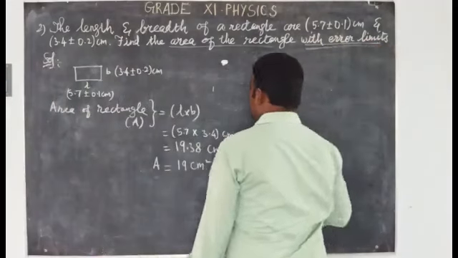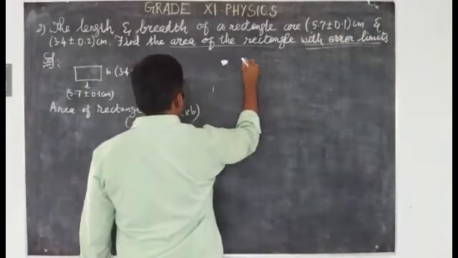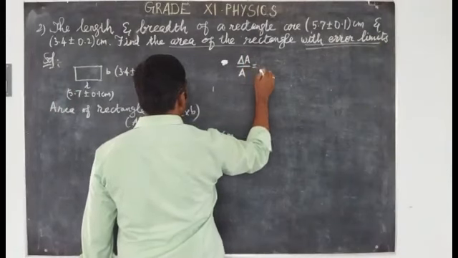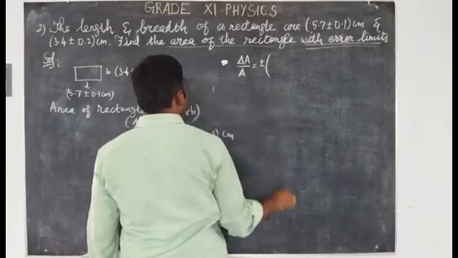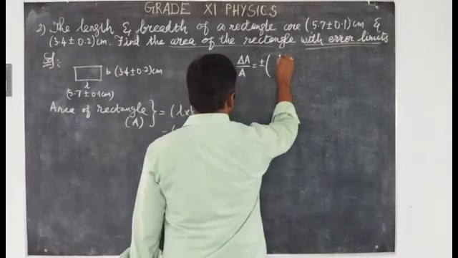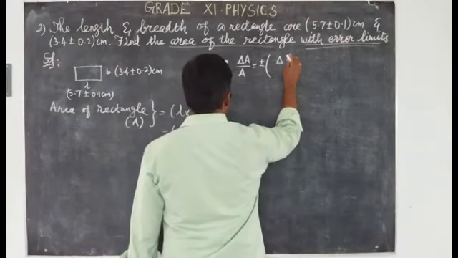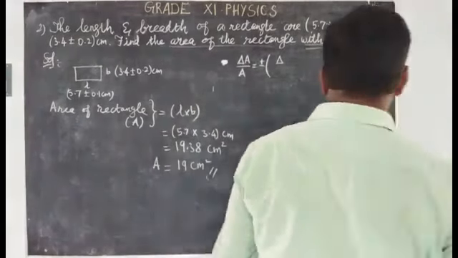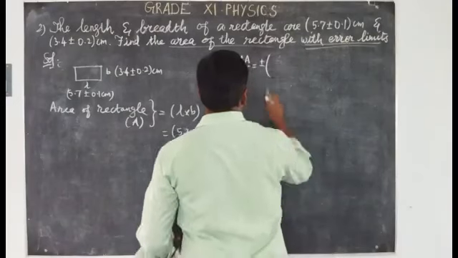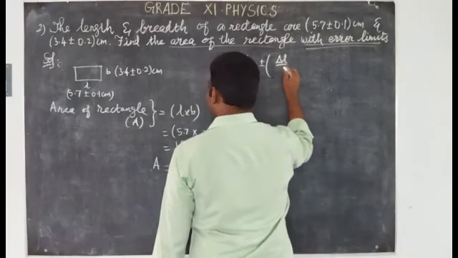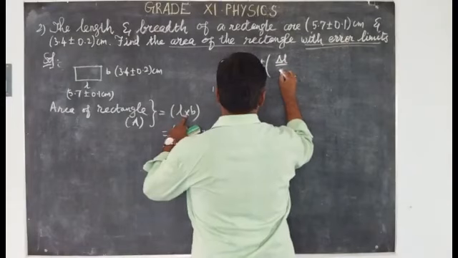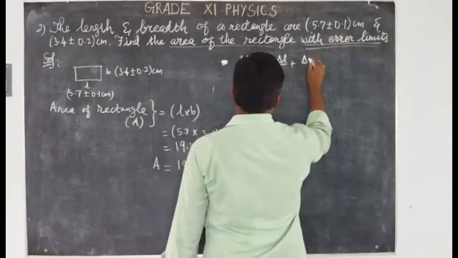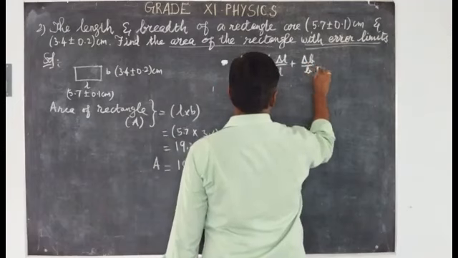To calculate the error limit, we know the formula. What is the error limit formula? It is delta A by A equal to plus or minus, the ratio of delta L by L plus delta B by B. For length into breadth, the multiplication formula: length error by length measurement plus breadth error by breadth measurement.